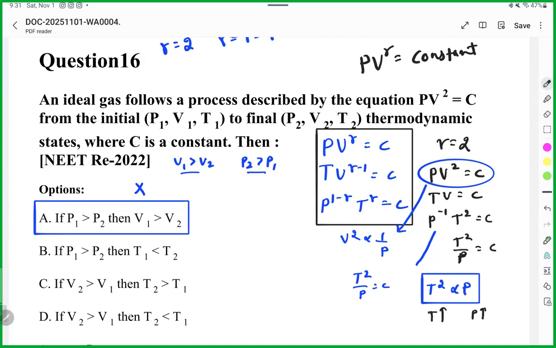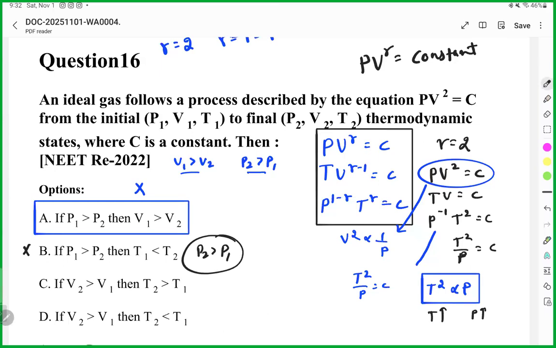Both are directly proportional. If T2 is more than T1, then P2 should be greater than P1. This is also wrong. Correct?